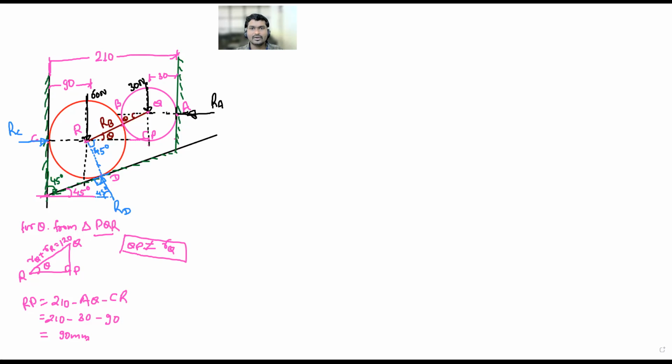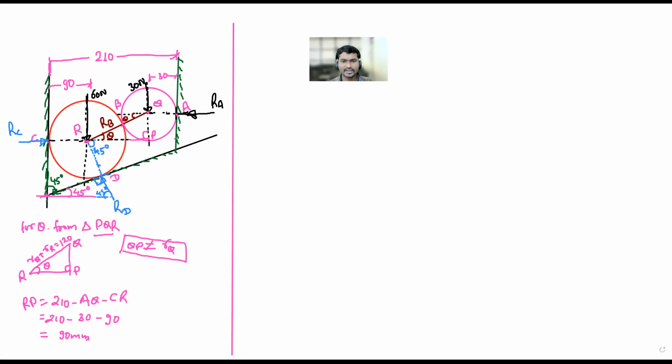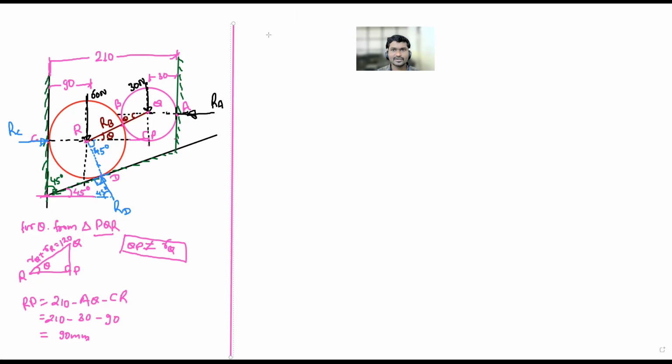Now we have to find out the angle theta. So which trigonometric equation? Sine, cos, tan, cot, sec, cosec? Cos. So use the cos here. So cos theta is equal to काय असते cos theta? RP divided by RQ.